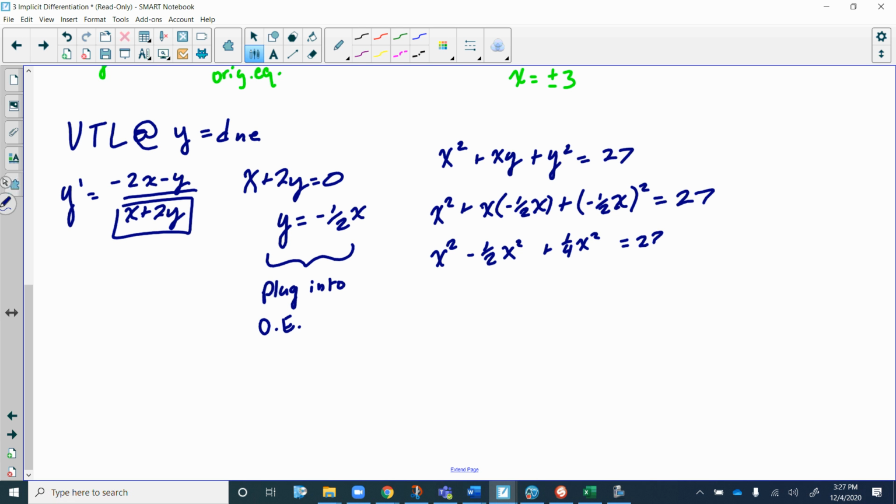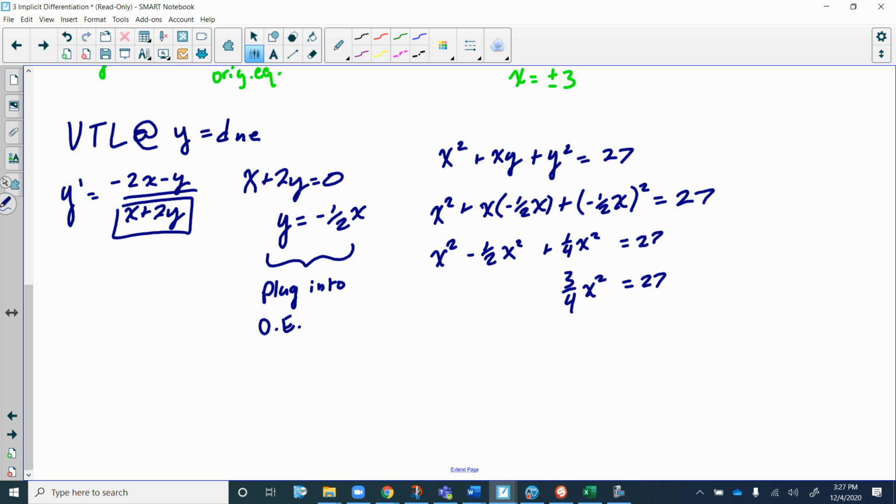So 1 minus 1/2 is 1/2. 1/2 plus 1/4 is 3/4. So 3/4 x squared equals 27. And let's see, I need to break out the calculator here because I don't want to do 27 times 4 in my head.